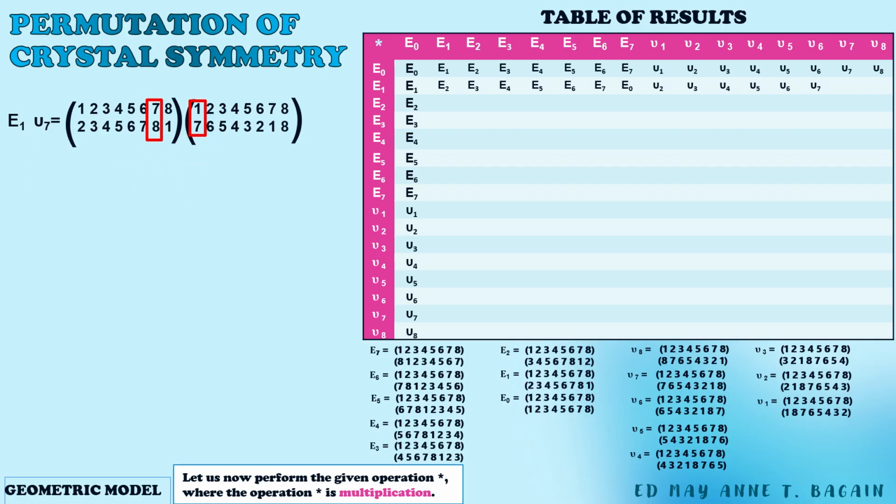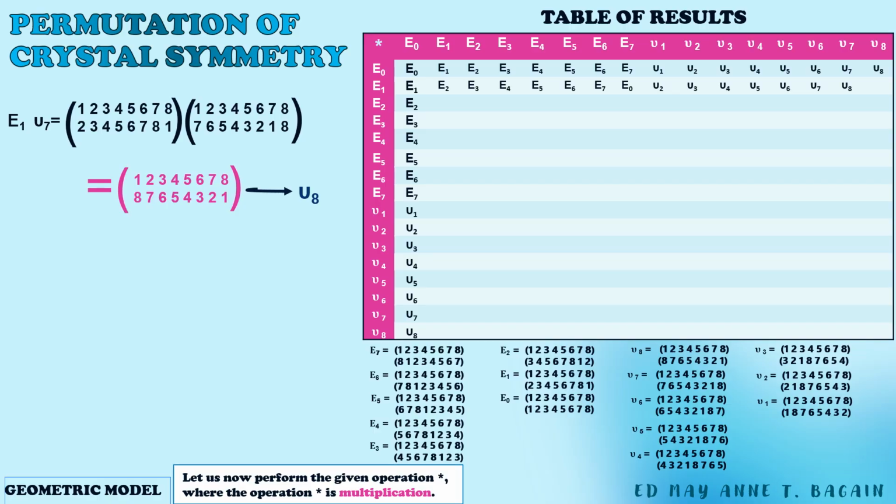So the new one now is 8. So 8, 1, 2, 3, 4, 5, 6, 7. Okay, I'm correct. The element is epsilon sub 8, so epsilon sub 1 multiplied by epsilon sub 7 is equal to epsilon sub 8.